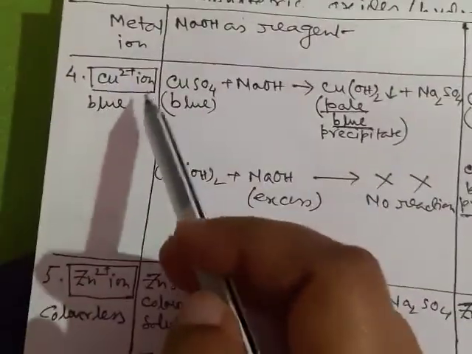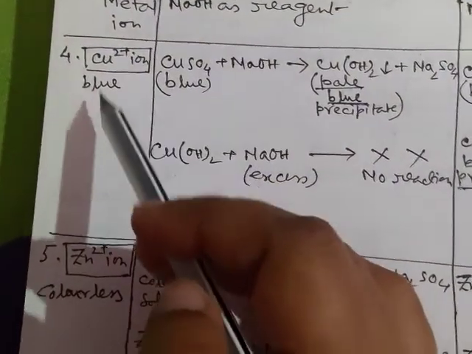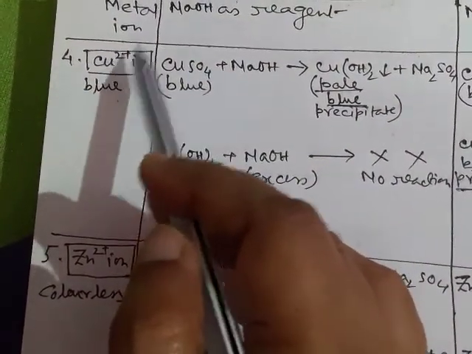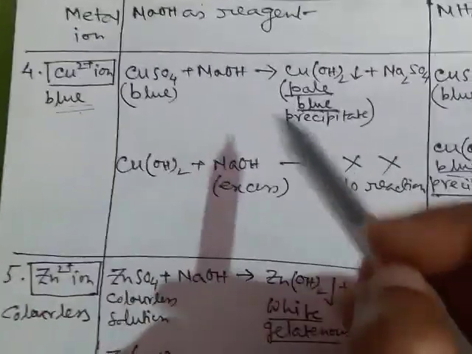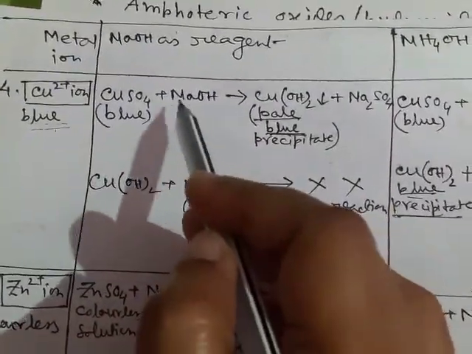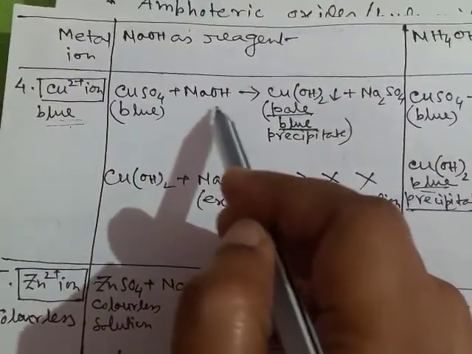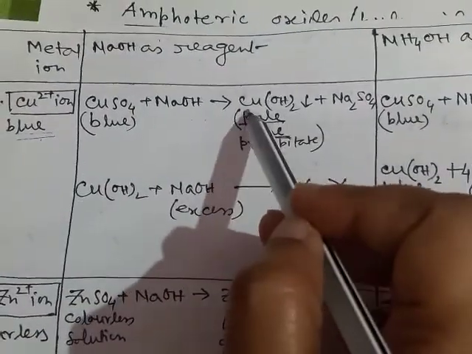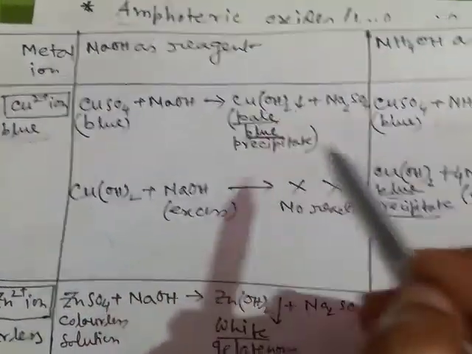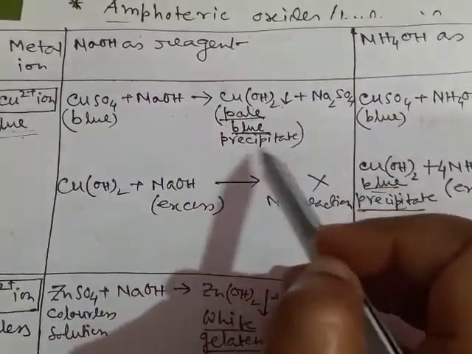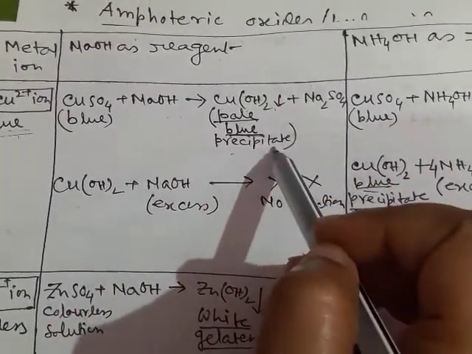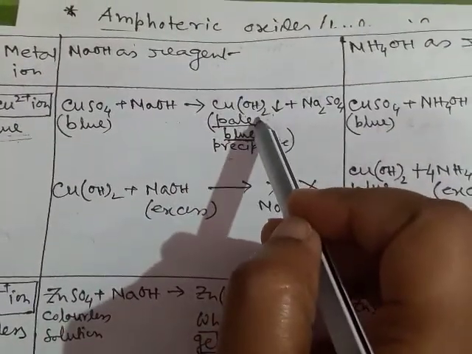Now, the copper ion solution, cupric ion, Cu2+, is a blue color solution. To this blue solution, if we add sodium hydroxide dropwise, there will be formation of copper hydroxide, which is a pale blue precipitate, and from this pale blue precipitate we can identify copper hydroxide.